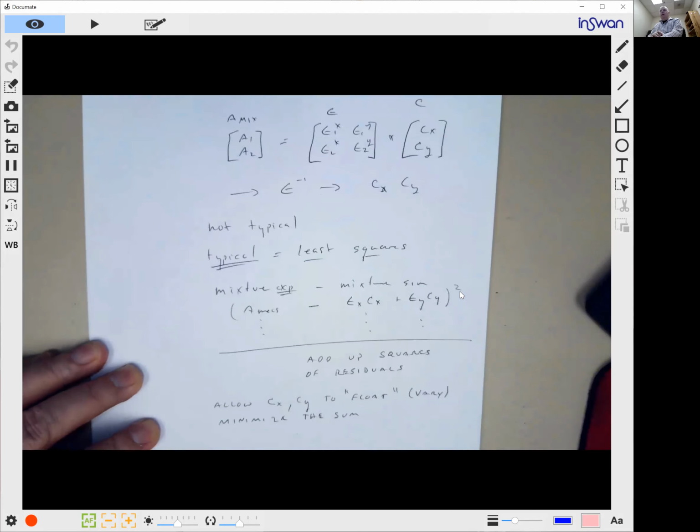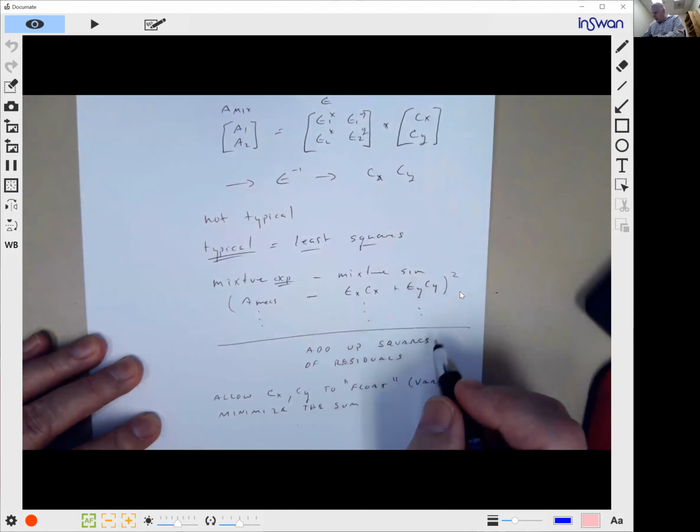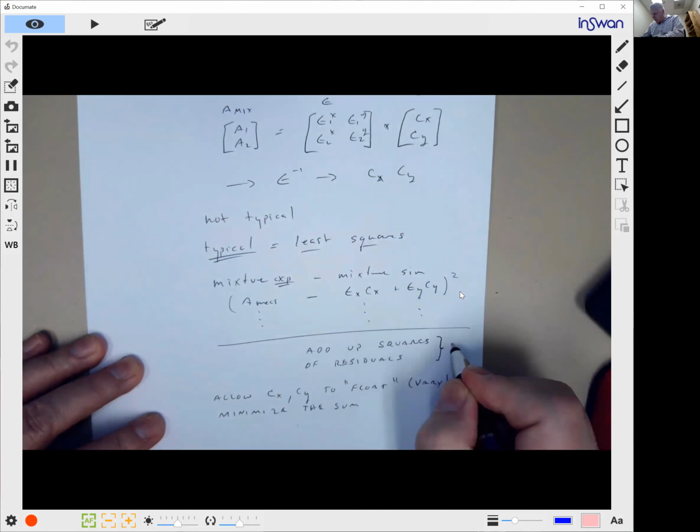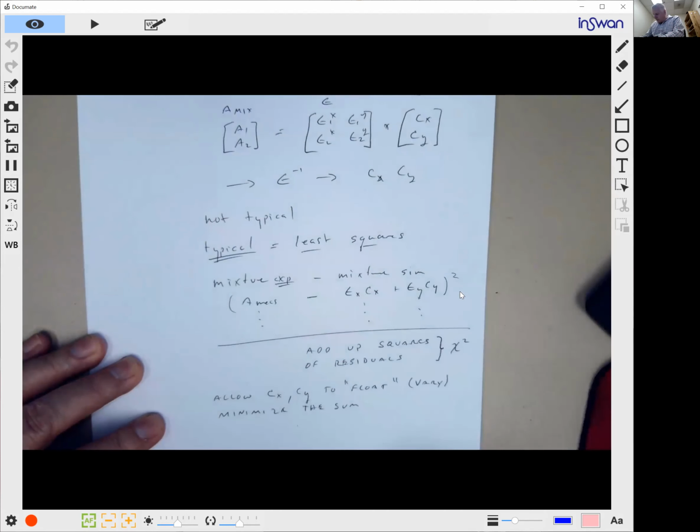Let's give the sum a name. Well, no, let's just call the sum chi squared.